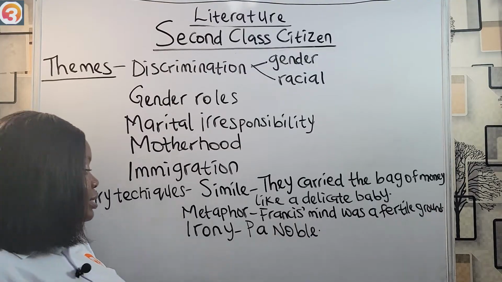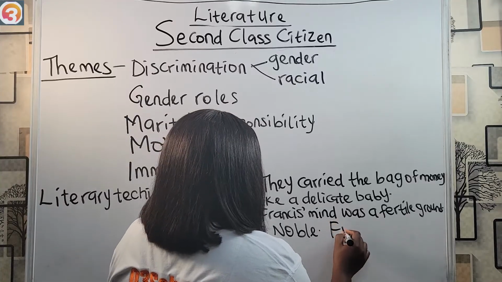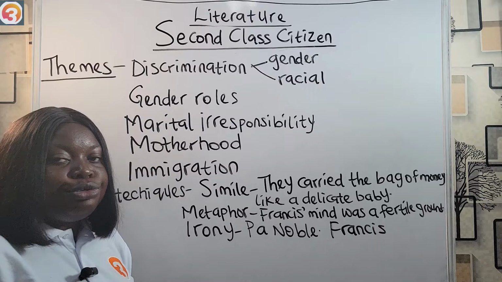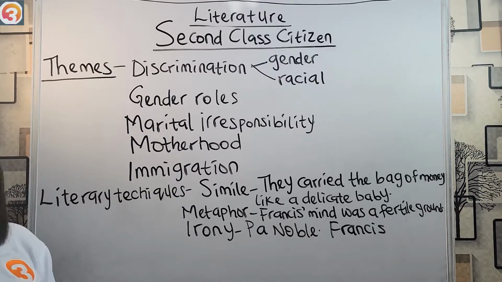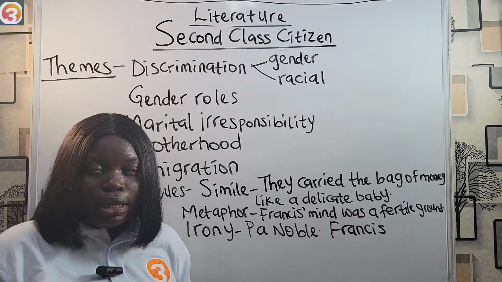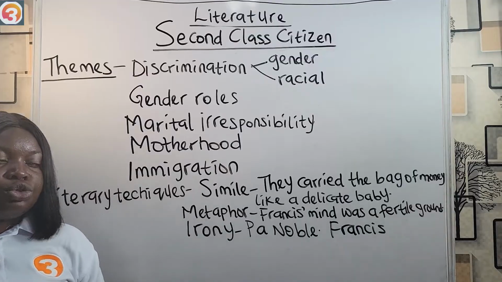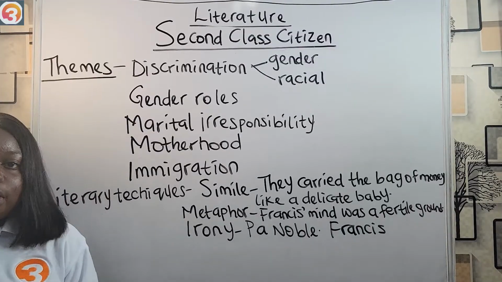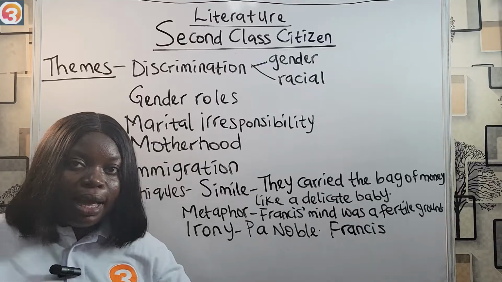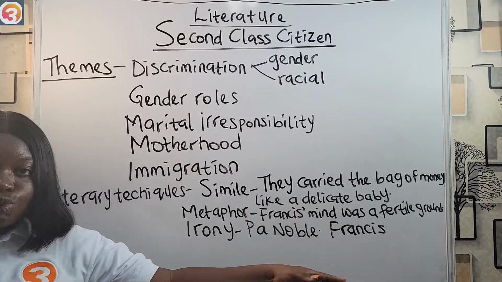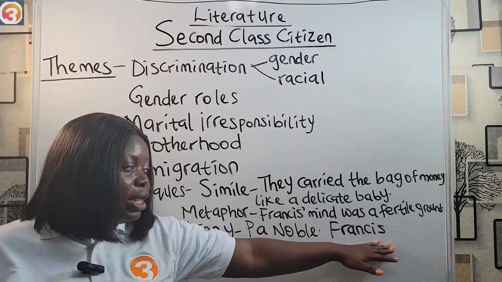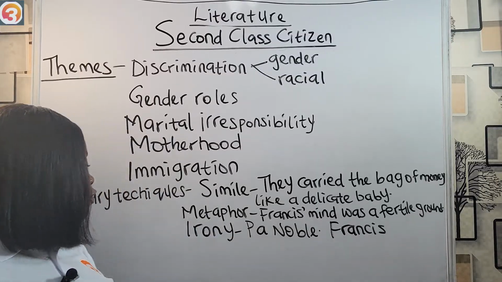And even Francis, we see Francis admonishing Ada about being hardworking and wanting to laze around at home while he's doing the same thing. Then you are advising her, telling her about being a virtuous woman and all whatnot. So we see that situational irony even in the character of Francis.